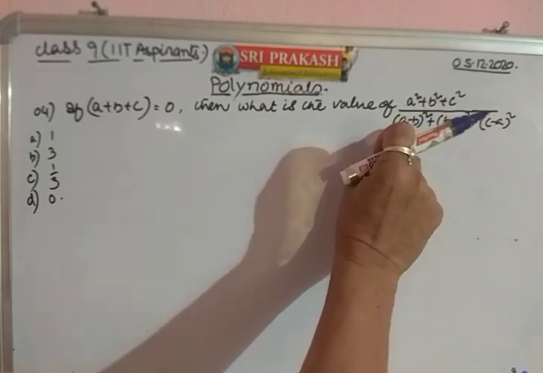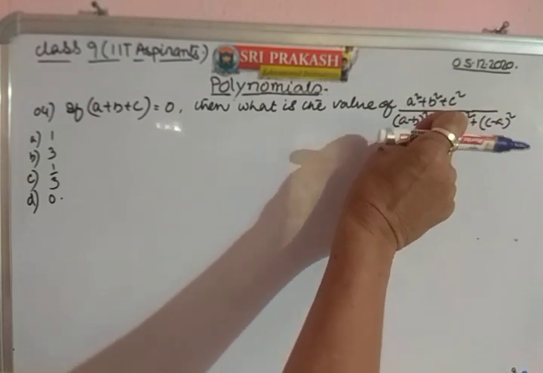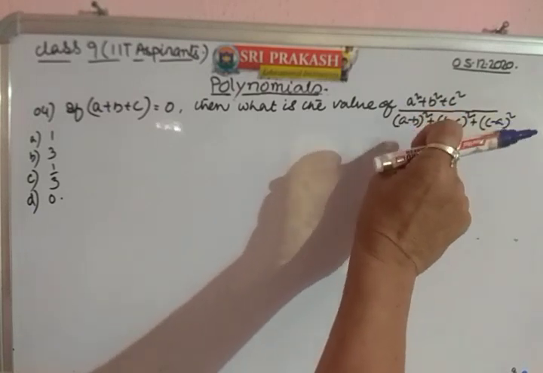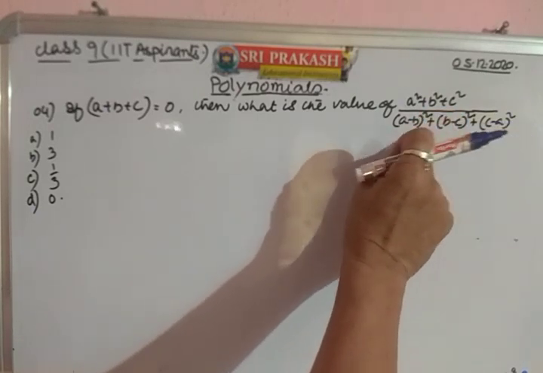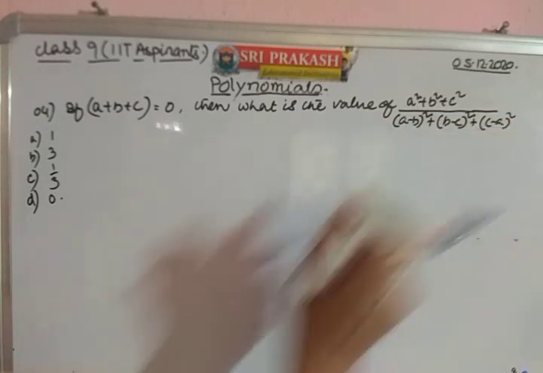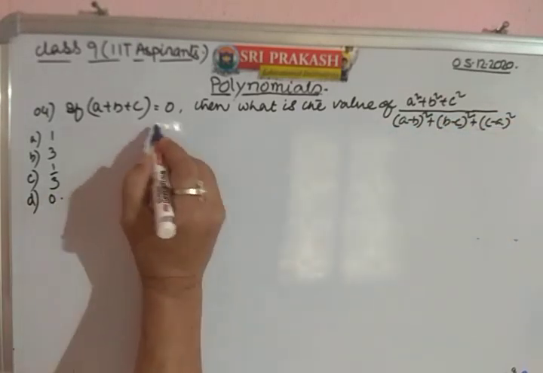In the denominator you have (a minus b) whole square. Let us write the formula of that: a square plus b square minus 2ab. In the same way, (b minus c) whole square and (c minus a) whole square. Clear?